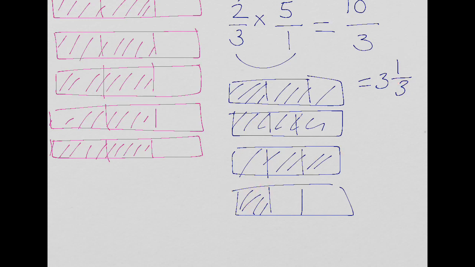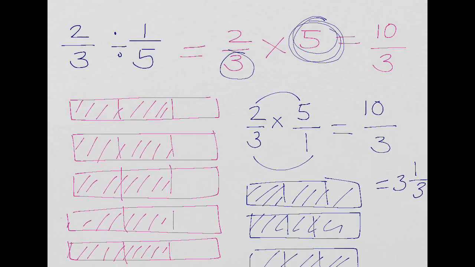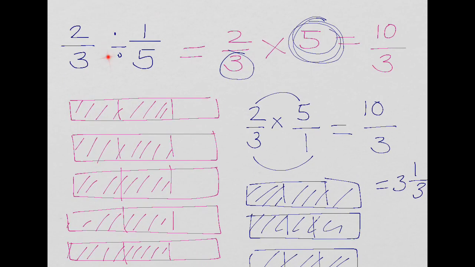So just going through that again from the beginning. Dividing by 1/5 is the same as multiplying by 5. I can draw my bars, which is brilliant. If you do, you're just a star, you're just wonderful. The quick method that everyone forgets within about a week is that 5 has a denominator of 1 because it's 1 whole.